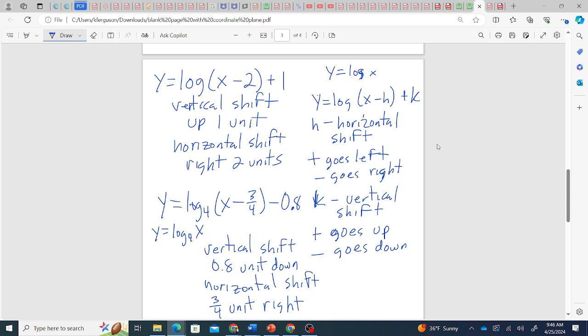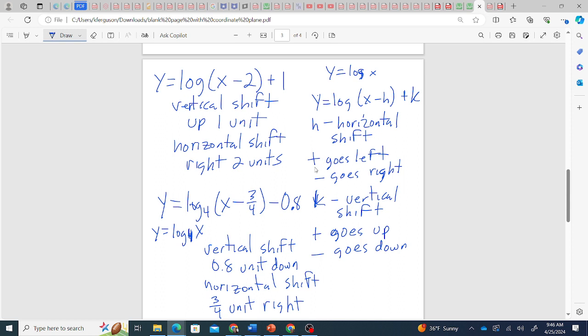Vertical shift was what I was trying to write. This log 4.